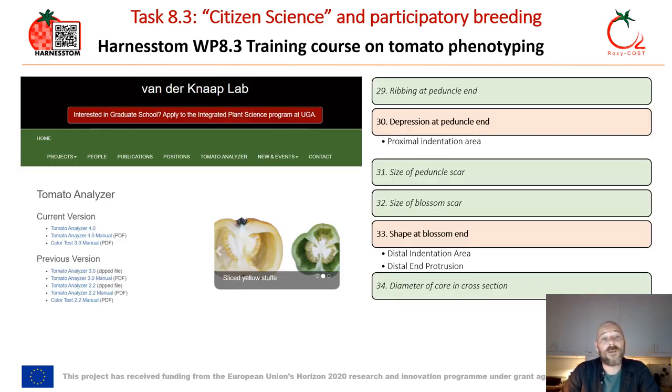Again, as we discussed in the first part of the fruit shape traits, the Tomato Analyzer provides very useful tools to characterize, in a quantitative manner, some of the traits that we have presented in the previous slides.